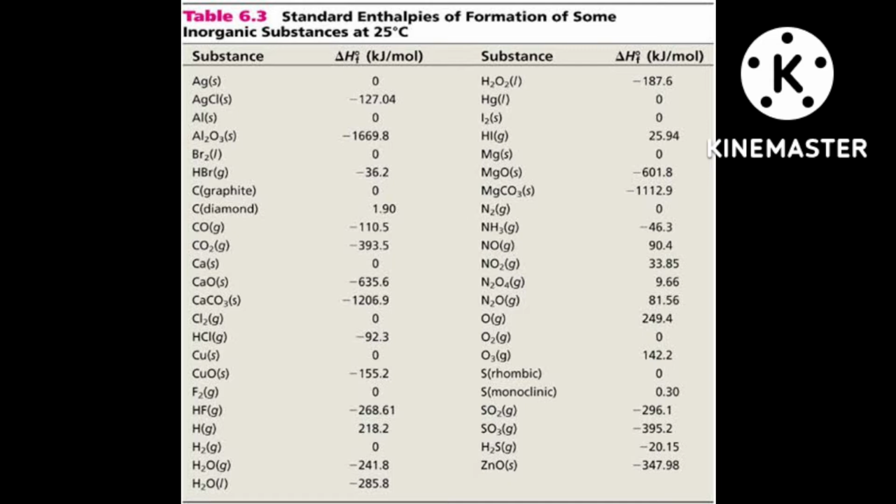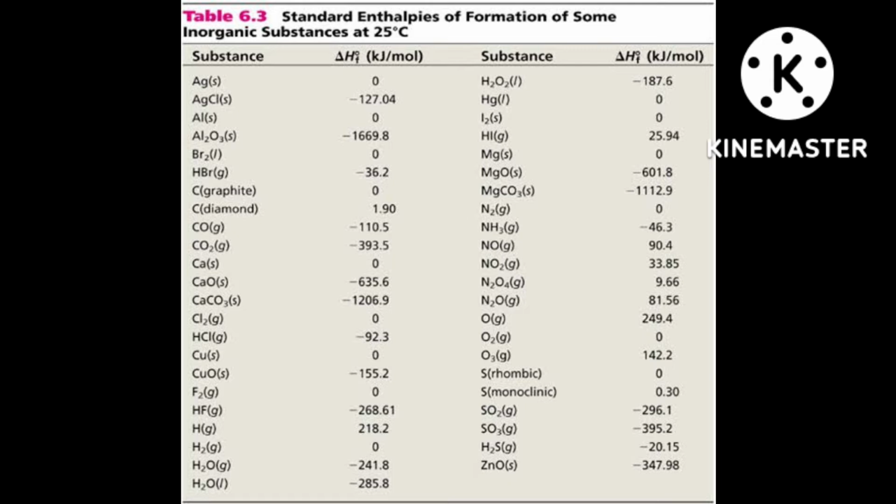Now third is the chlorine atom, in gaseous state. All three are in gaseous state, atomic status: carbon, hydrogen and chlorine. Its value is plus 121.68.